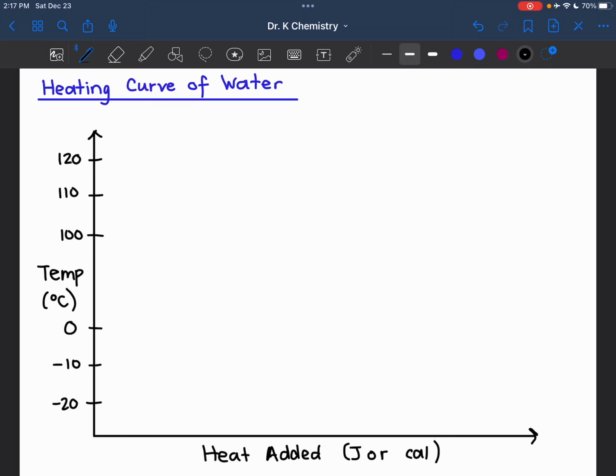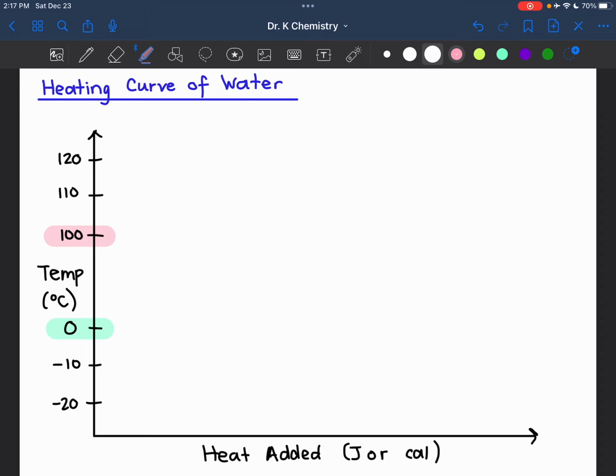Now that we have defined all the terms and we saw visually in the simulation what these particles actually look like as they absorb heat, now we can put all of that together and explore the heating curve of water. So this is a graph that's going to track the phase changes as water absorbs heat.